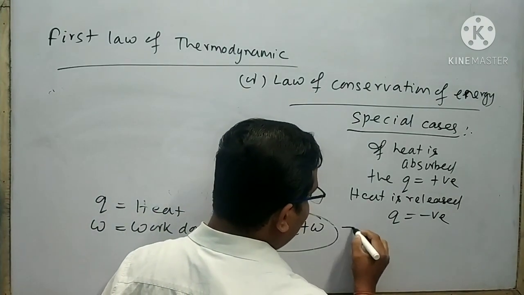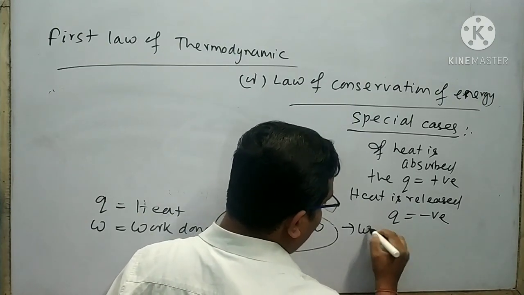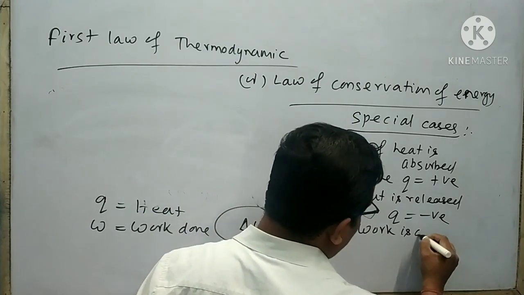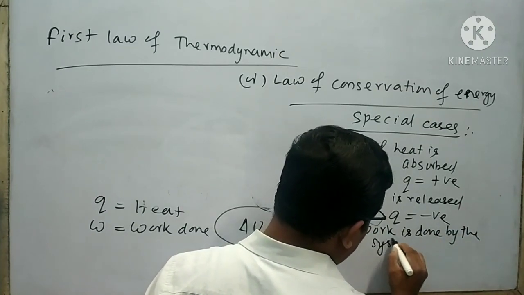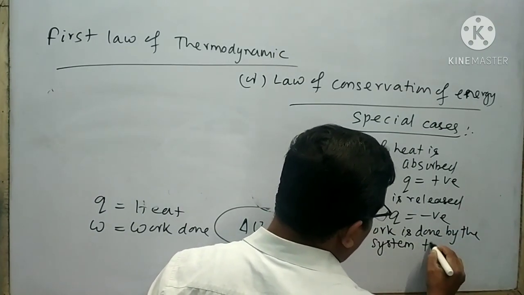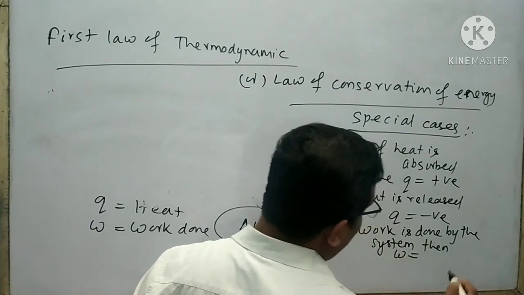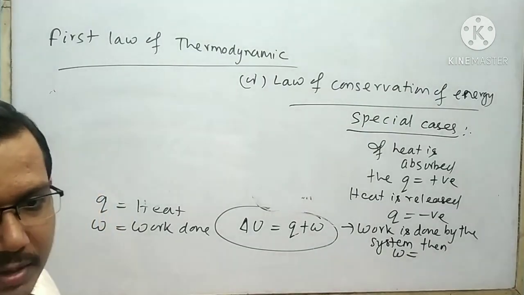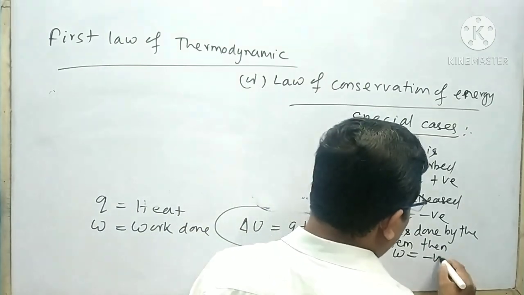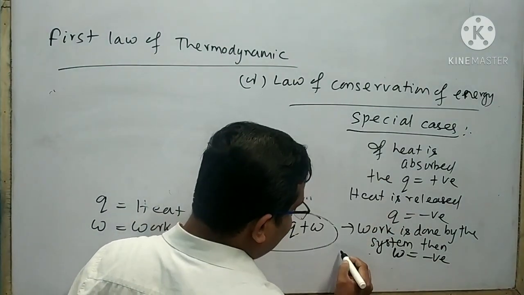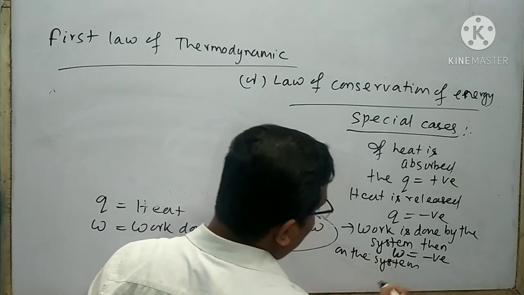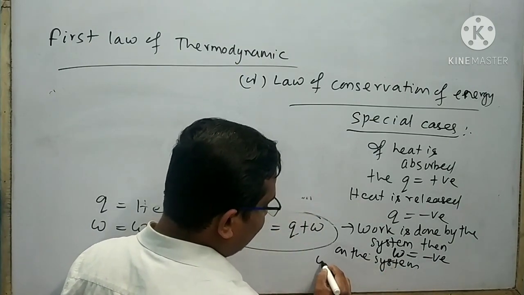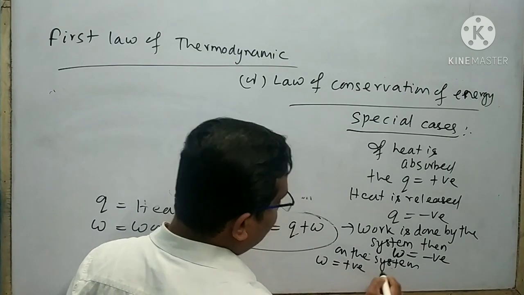Similarly, remember another important point: if work is done by the system, then the value of W is written with a negative sign. If work is done on the system, then the value of W is written with a positive sign.